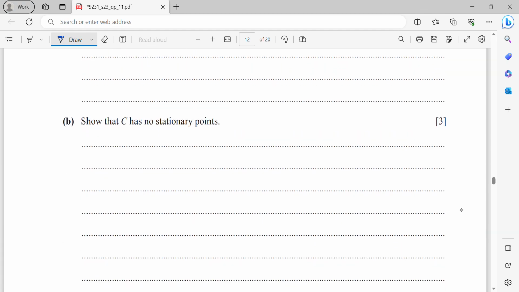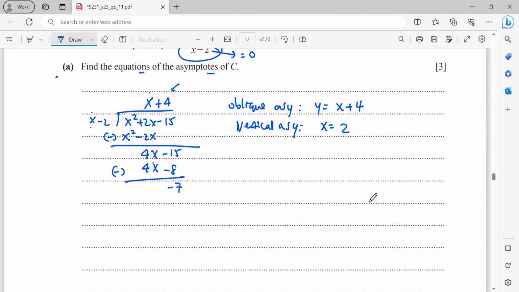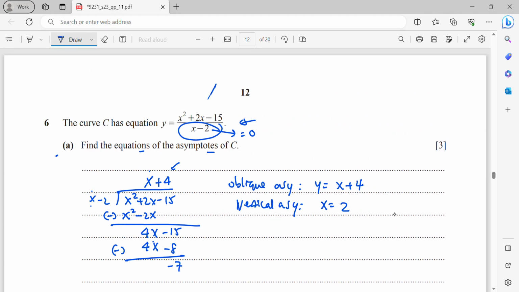Now B, show that C has no stationary points. Whenever you see stationary points, it means that dy/dx equals 0. When there are none, it means that you won't get any x when you solve dy/dx equals 0. For information, this dy/dx can be found by differentiating the original y, or you can refer to the polynomial division, which means you write it as quotient plus remainder over divisor.